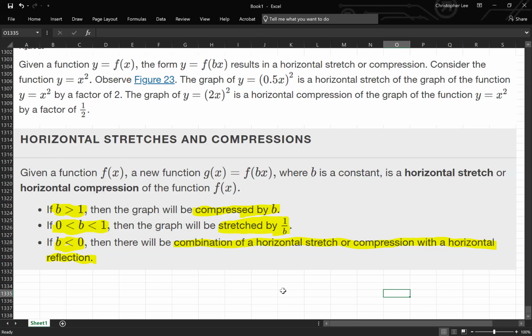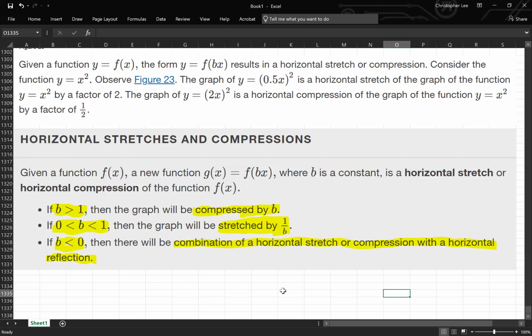That's what I mean, now it's b times x. Let's say I do x, 2 times 2, now it's 4.